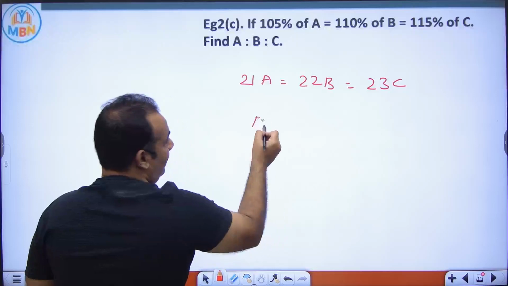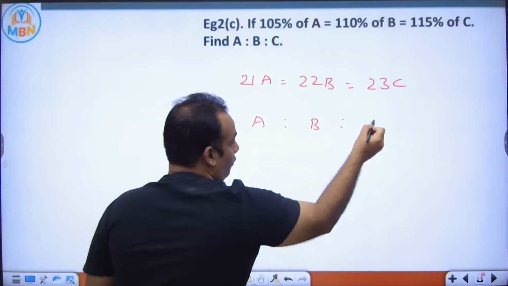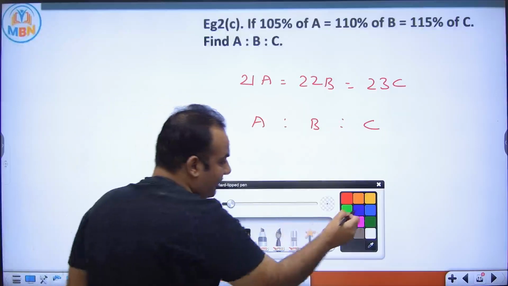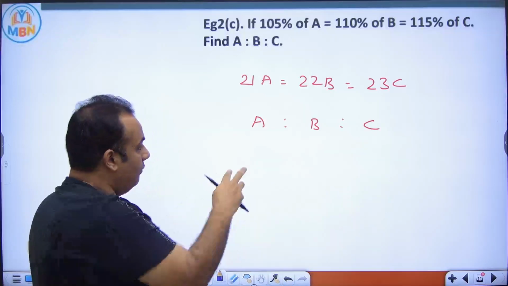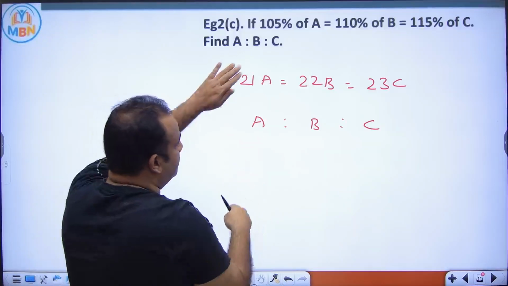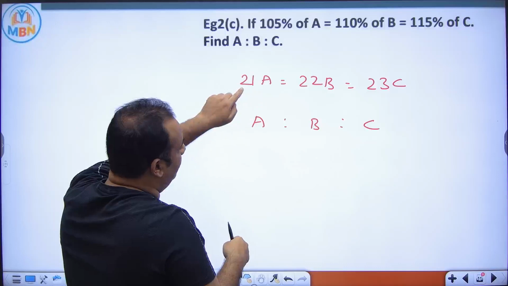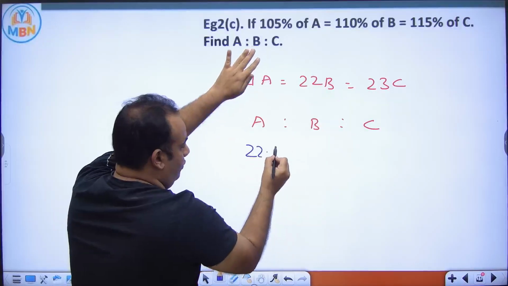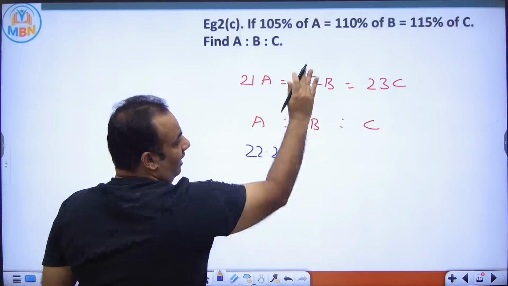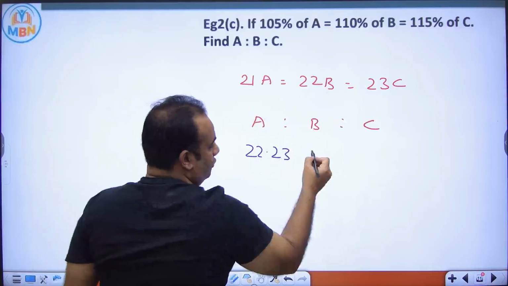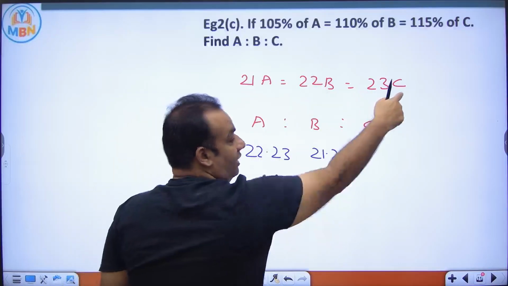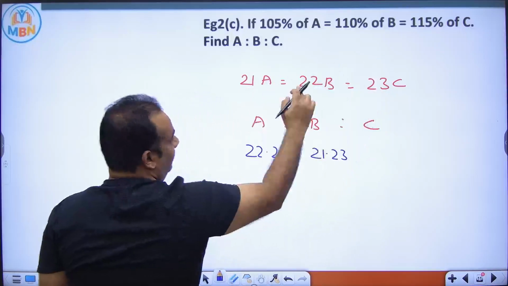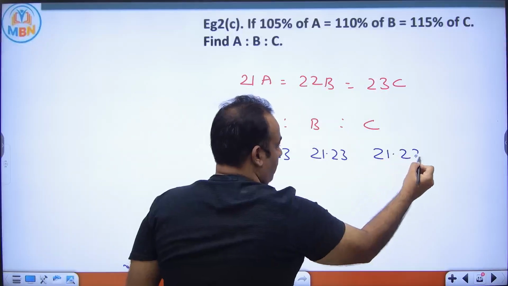Now when you have to write the values of A, B, C, how can you do it fast? Please try to understand this. Whenever you have to write A, just hide the number written with A and take the product of the other two numbers. So that is 22 into 23. When you have to write B, hide this number, write the product of these two, 21 into 23. Now, whenever you have to write C, hide this number, write the product of these two, 21 into 22.